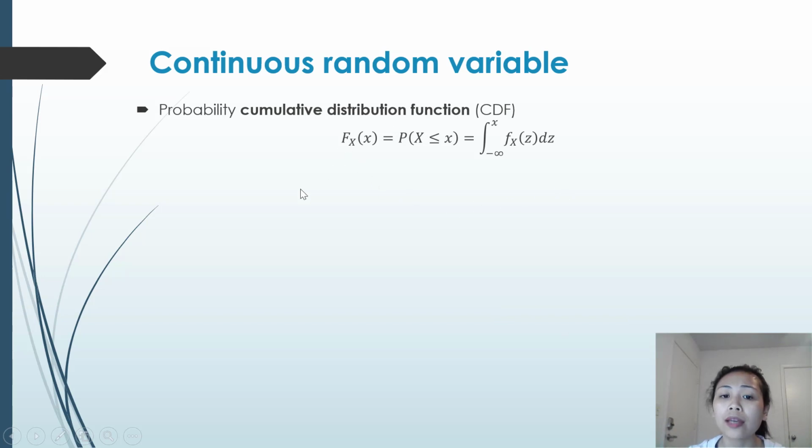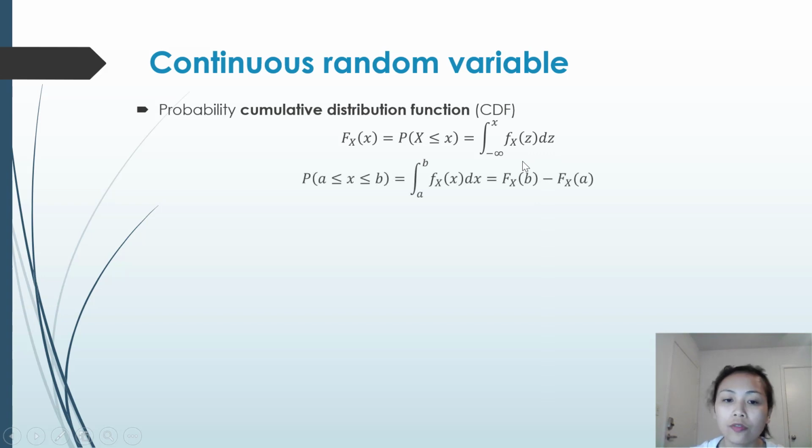It is denoted by capital F with subscript X of x, and that is the probability of X less than or equal to x. To calculate this probability, we take an integration. We integrate from negative infinity to x of f of z dz. This is basic knowledge in calculus.